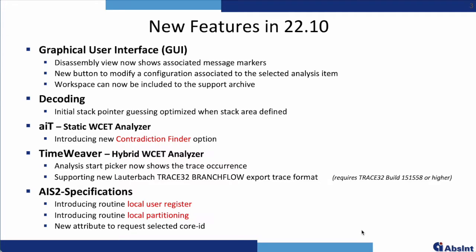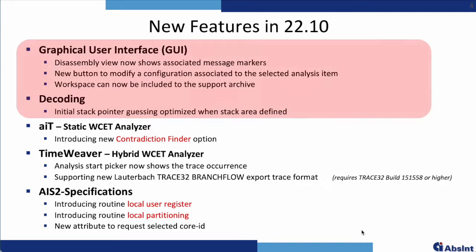I have new options and new features of the TimeWeaver for you today. And I'd like to conclude the presentation with some new AIS2 specifications. All right, let's get started with the graphical user interface and the decoder.